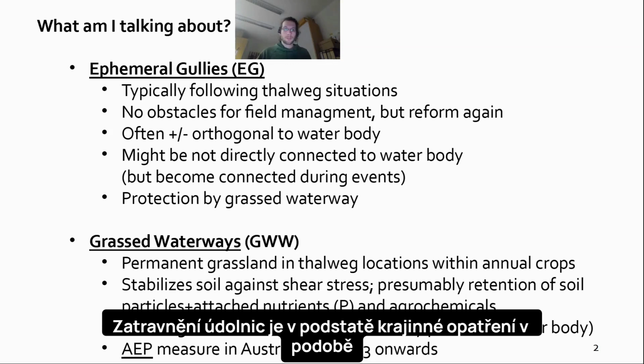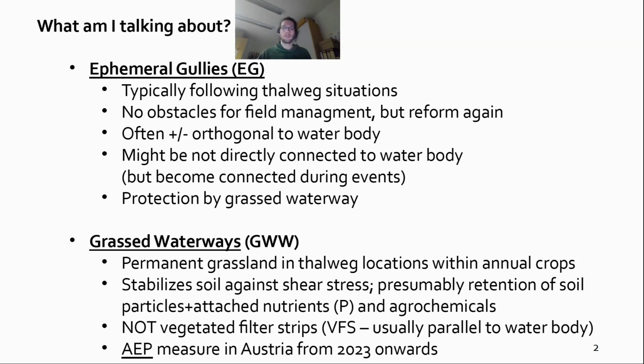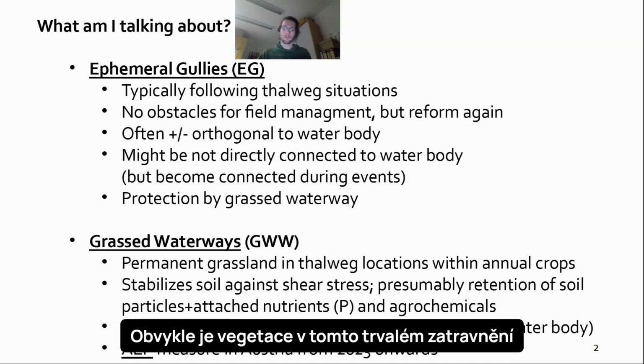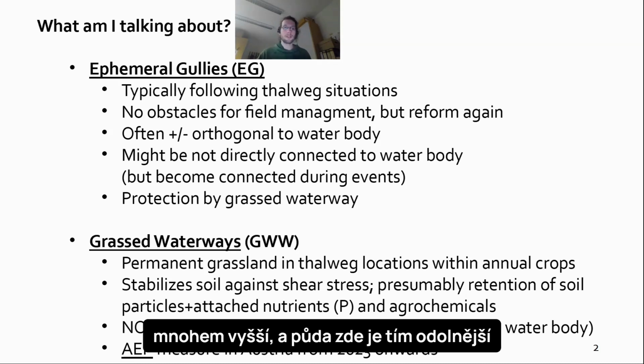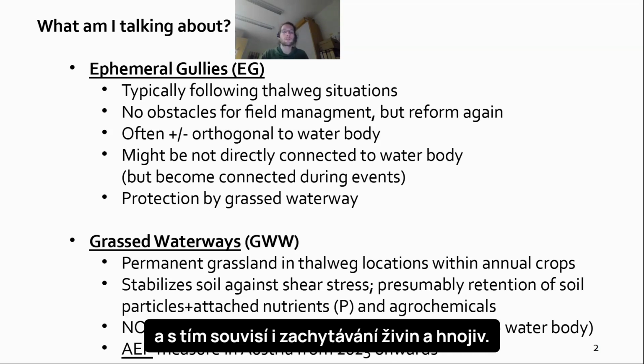Grassed waterways is basically the implementation of permanent grassland in these locations in the middle of annual crops, where the soil cover is usually a lot higher in the permanent grassland, and also the soil is a lot more stable against shear stress of the surface runoff, and there is also some retention of soil particles and all the attached nutrients and agrochemicals.